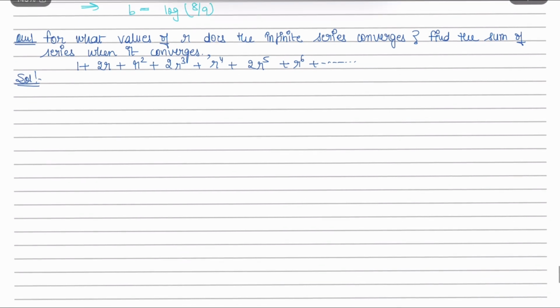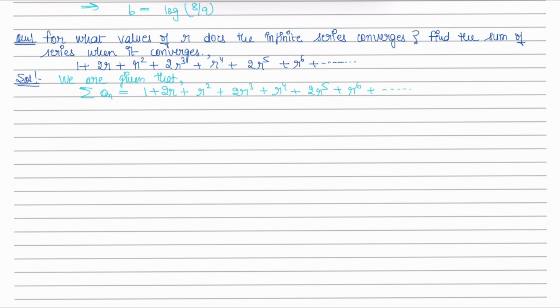Let us consider what we are given. We are given that summation an is equal to 1 plus 2r plus r square plus 2r cube plus r to the power 4 plus 2r to the power 5 plus r to the power 6 and so on.